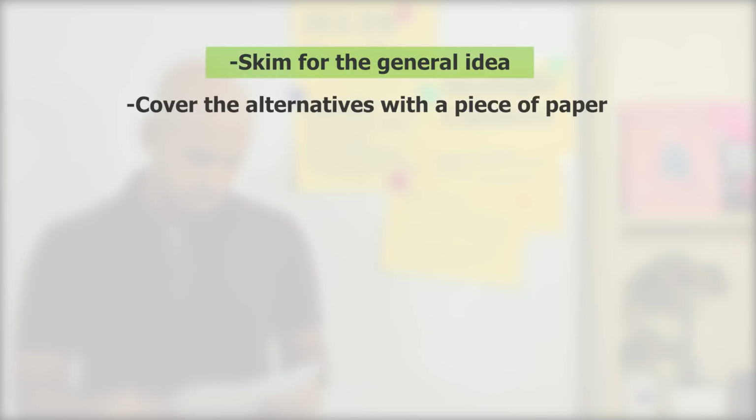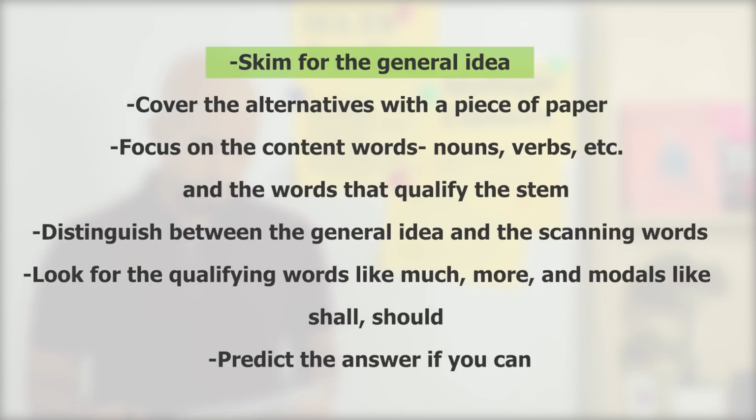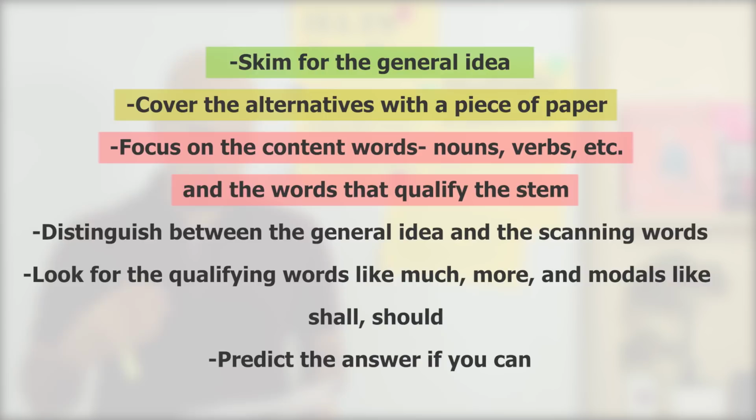First of all, skim all the questions to get the general ideas. When you practice, even in the exam, cover the choices, the alternatives, with a piece of paper or anything, and read the stem only. Focus on the content words like nouns, verbs, etc., and the words that qualify the stem. Distinguish between the general topic, the general idea of the passage, and the scanning words.